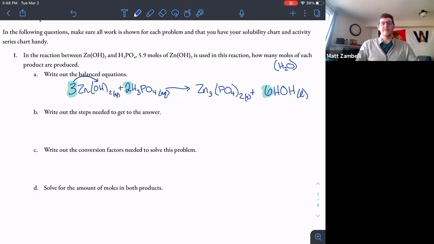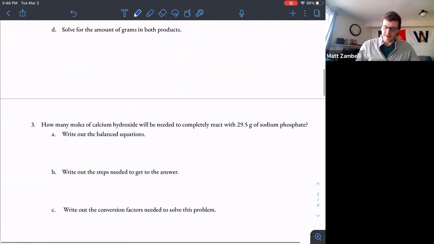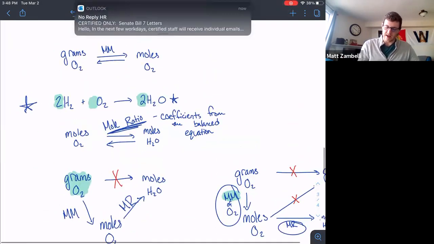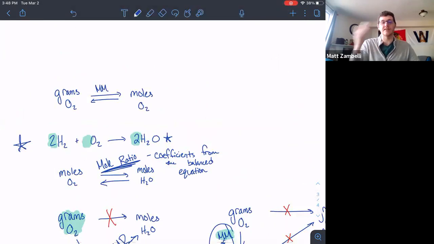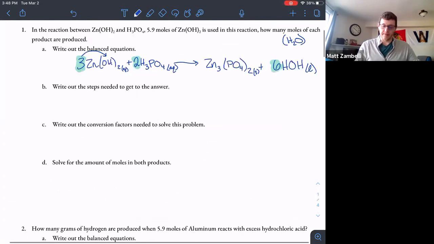But back to step B. So it says write out the steps needed to answer this question. When I say write out the steps needed to answer this question, I'm talking about these things down here. So like, are we going from grams to moles, grams to grams, moles to moles, moles to grams? What are we doing?